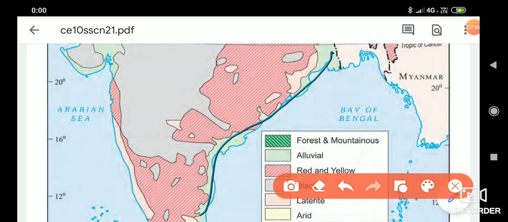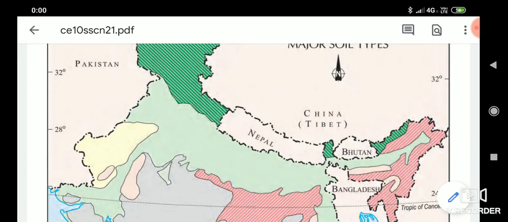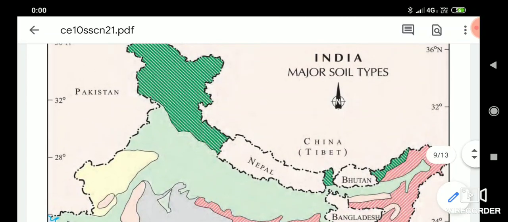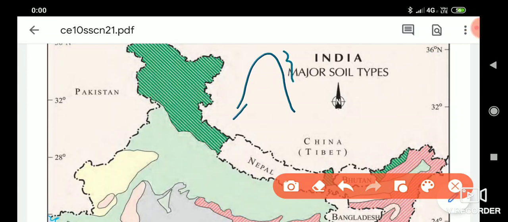Okay, fine. So what are Piedmonts? Piedmont plains, a term is coming there. So what are Piedmont plains? Look, suppose this is a mountain, this is a hill, and rivers flow from upwards to downwards.